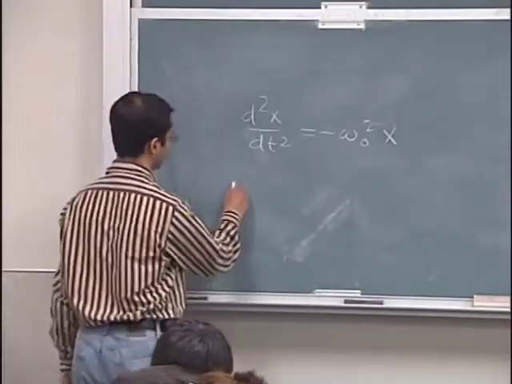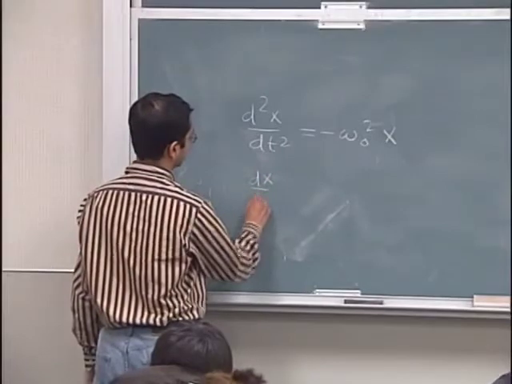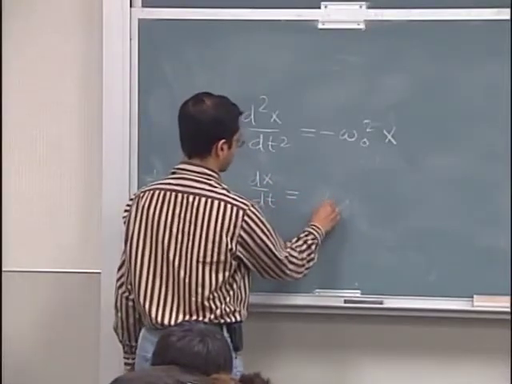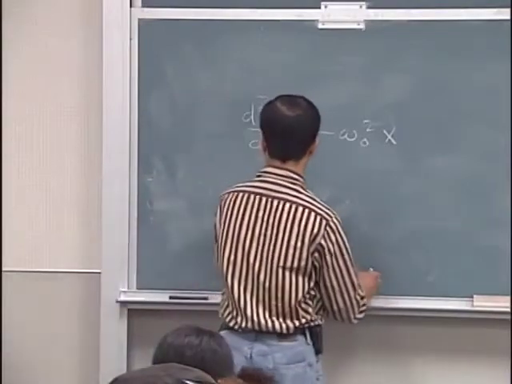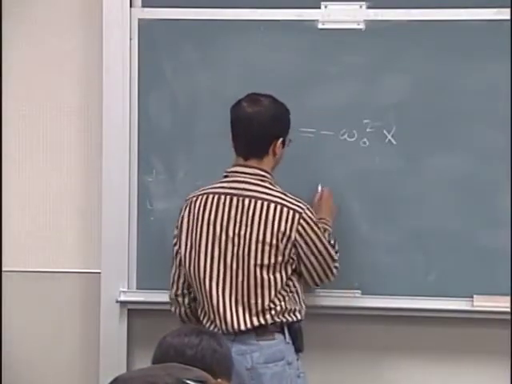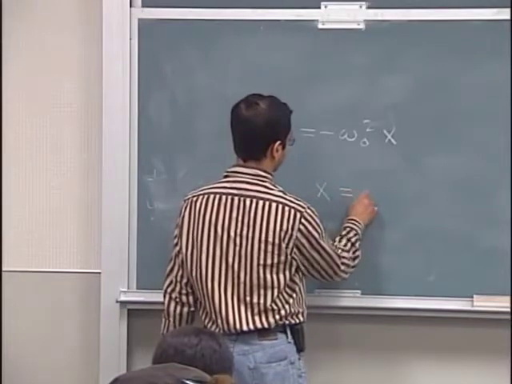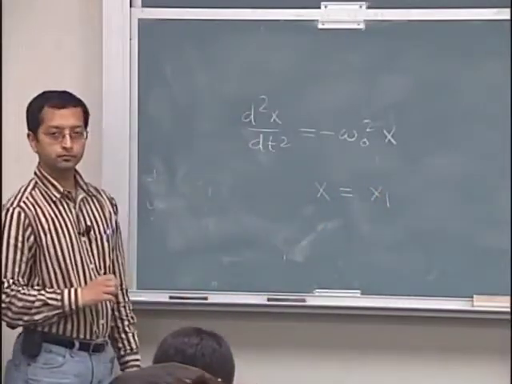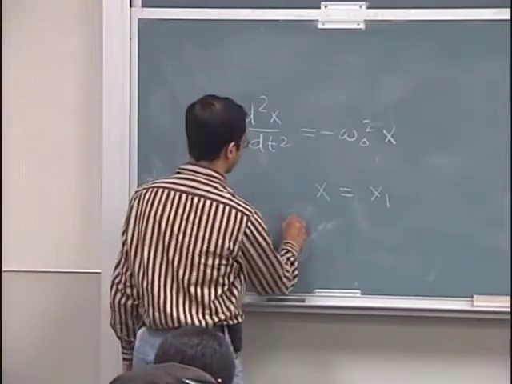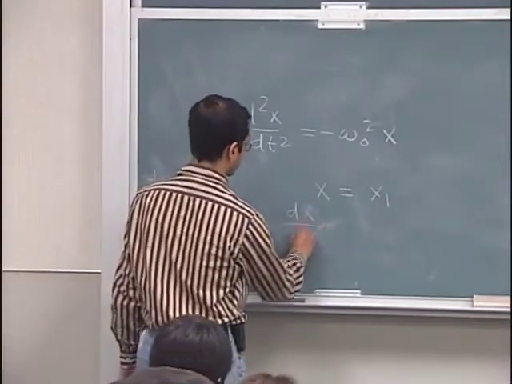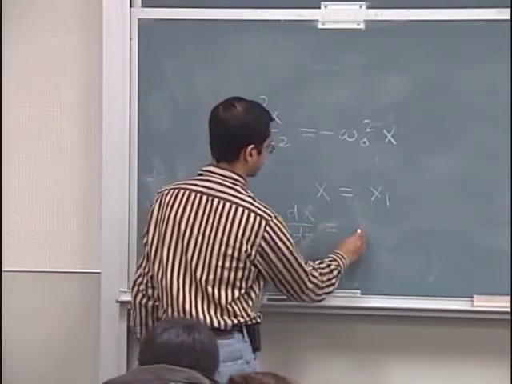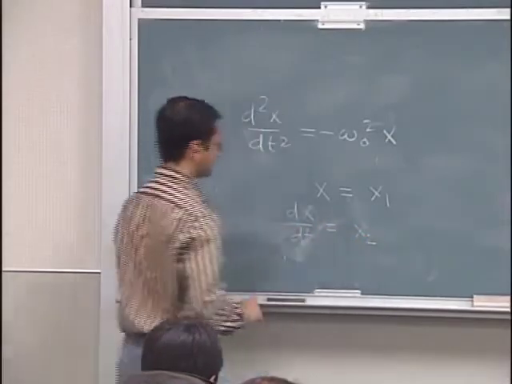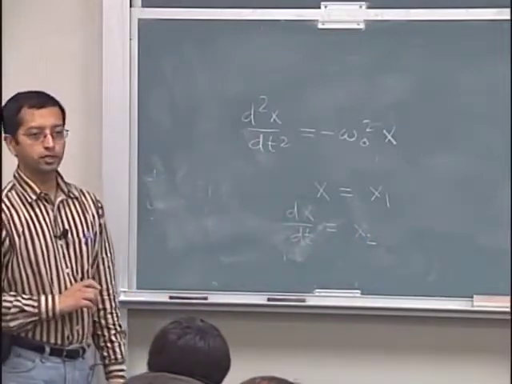So the way to do that is you choose x as a new variable x1, okay, and then you choose dx dt as another variable x2. Okay, so you make a change of variable.